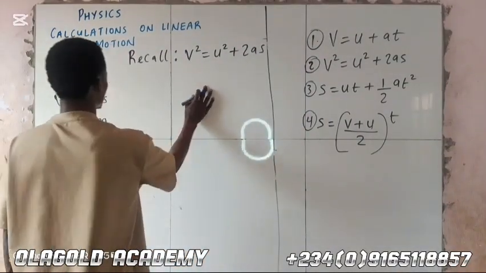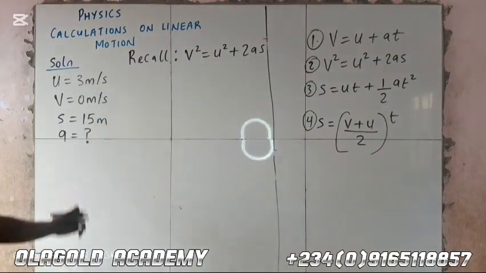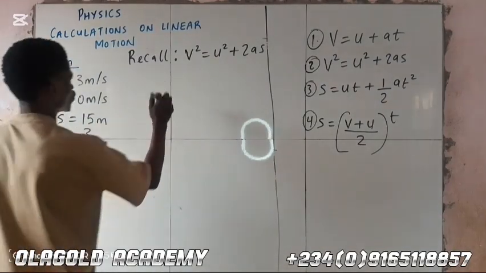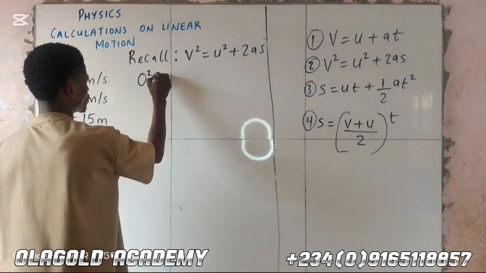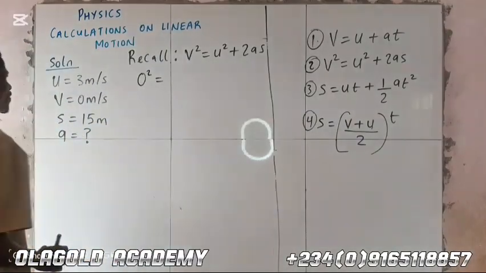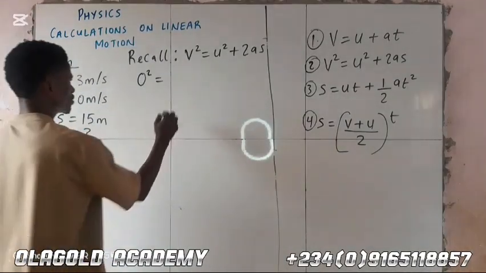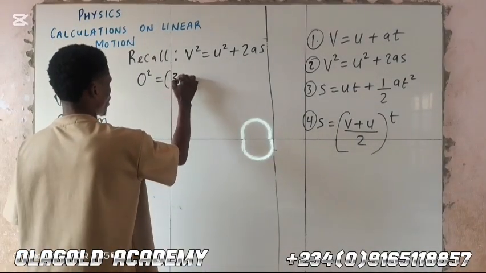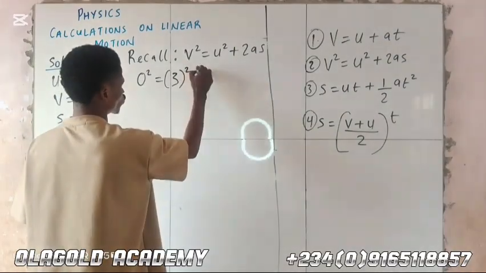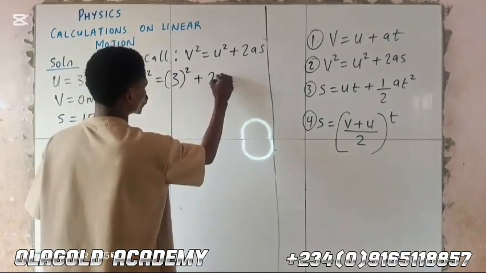From here, our v, which is final velocity, is 0. So we have 0 squared equals initial velocity, which is 3, and remember there is squared, so we have 3 squared plus 2.